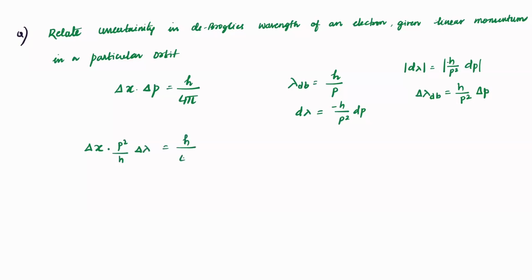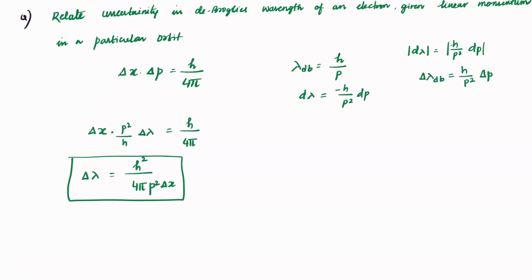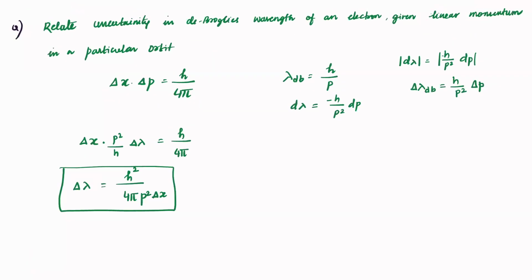That's the application I'm talking about. So now you know that delta lambda is equal to h by 4 pi, divided by p square into delta x. Please check. This is the way you can identify the uncertainty in the de Broglie wavelength, given the momentum of the electron or the body. In that case you can use this formula. I'll change it slightly here.